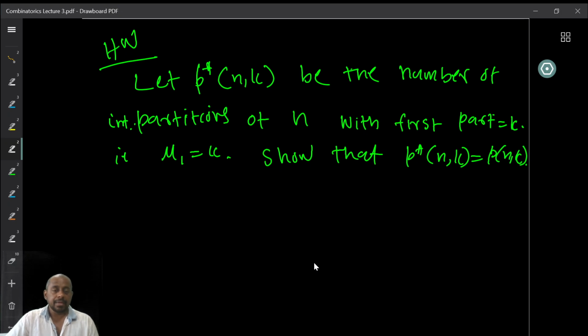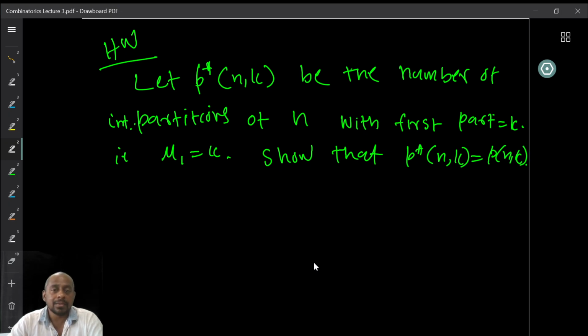Okay, so here is a very interesting homework. It's kind of surprising because I'm going to define P star of n comma k to be the number of integer partitions of n with the first part being exactly k. So mu 1 is equal to k, right? So we have mu 1, mu 2, etc. So the largest part is k, right?